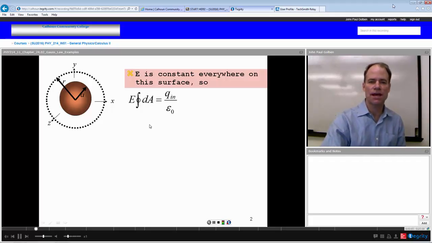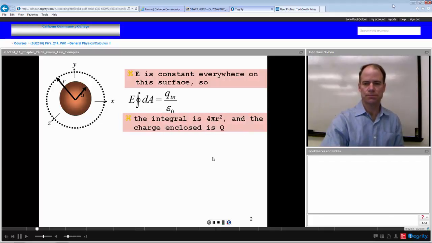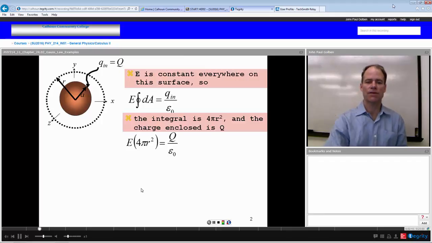The integral of dA is simply the area of our Gaussian sphere, which is 4 pi r squared, and the charge enclosed is Q. So we now have E times 4 pi r squared equals Q over epsilon naught.